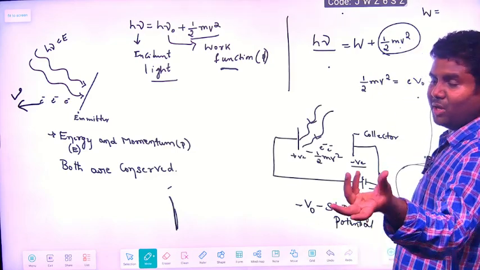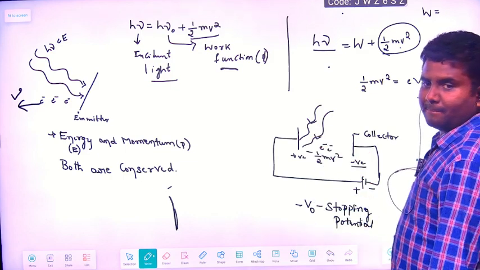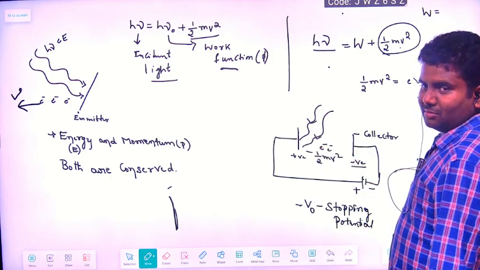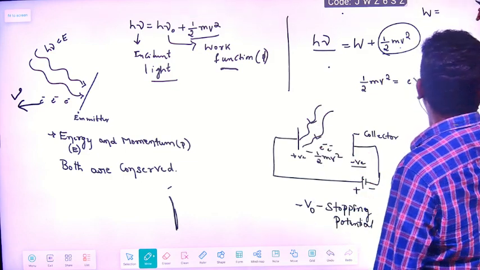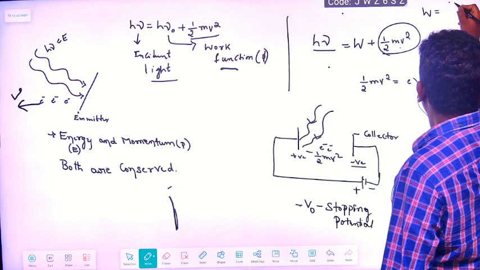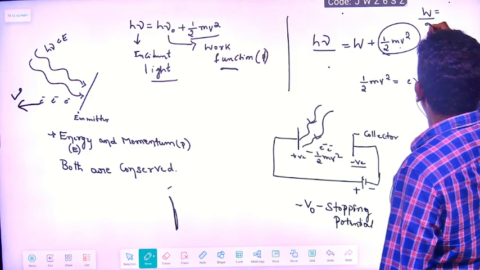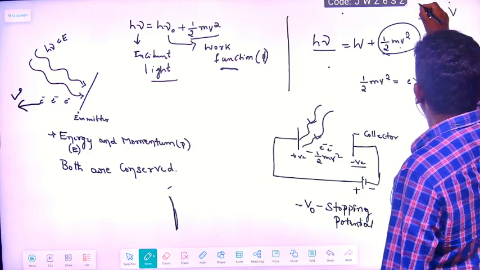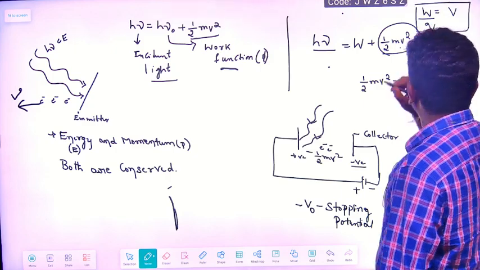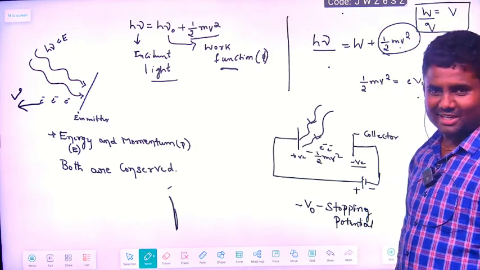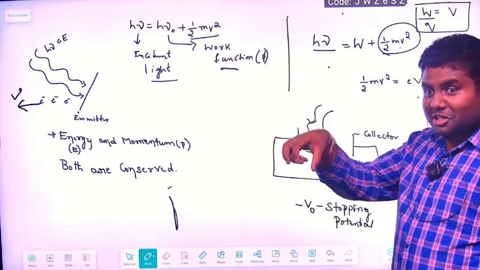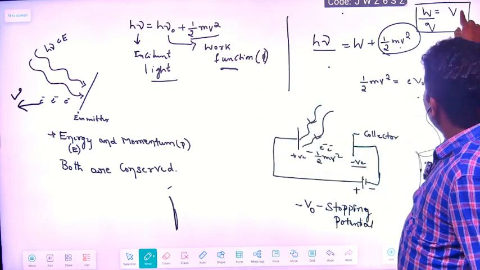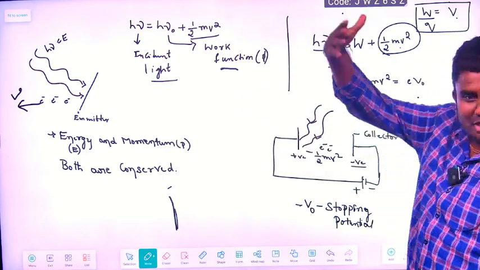What is the relation between work done and potential? Work done per unit charge is equal to potential. Correct, right? The amount of work done to bring the unit charge is what we call potential. We discussed, from infinity to that point.